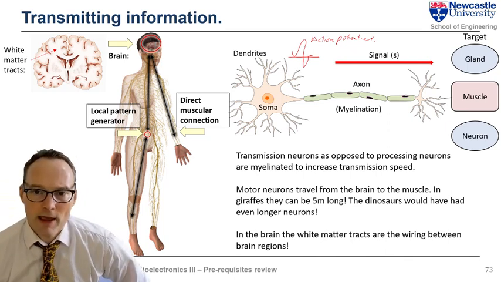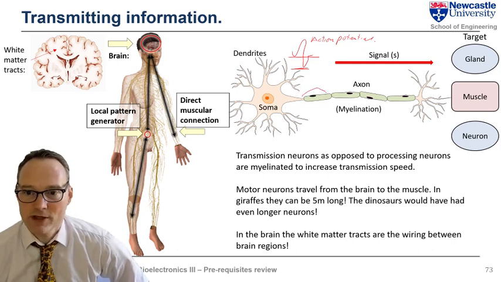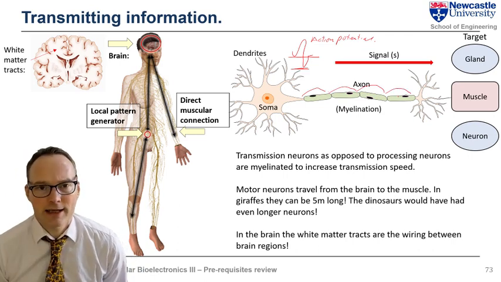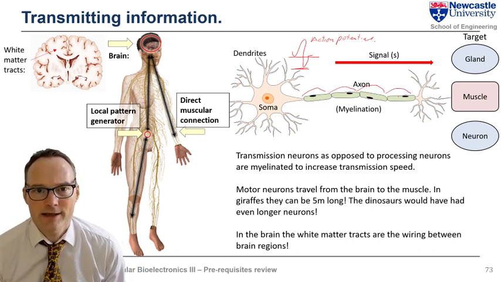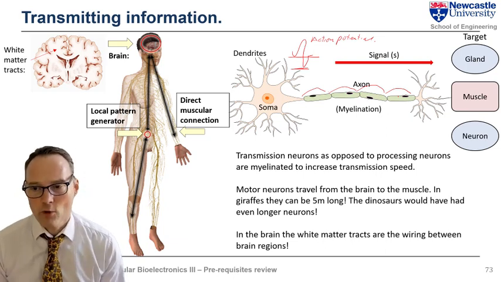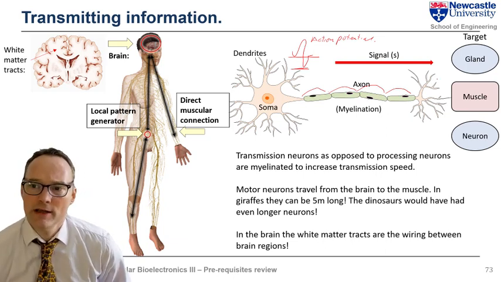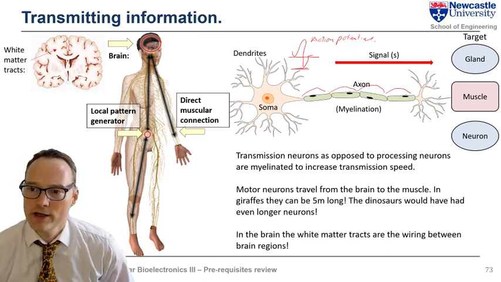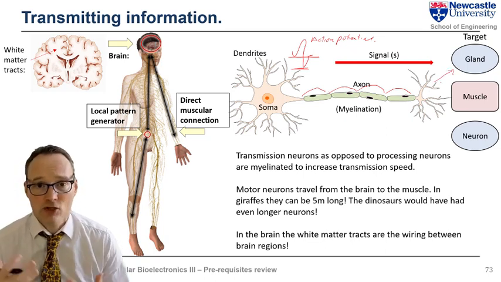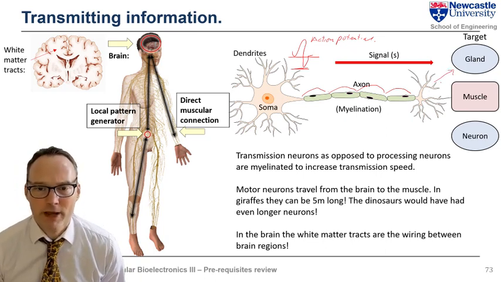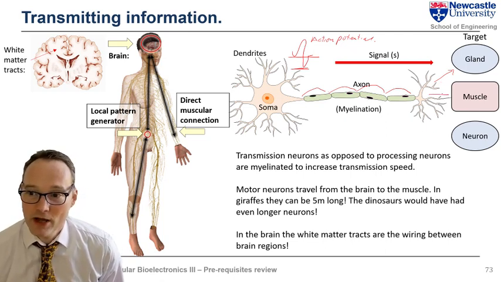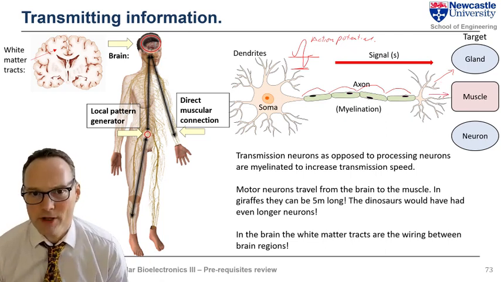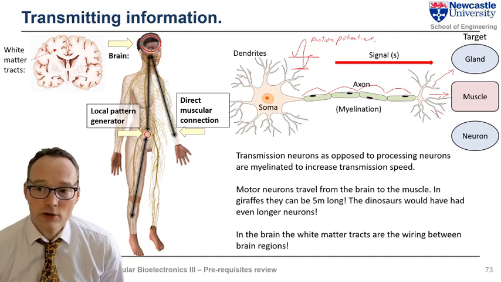So information is passed by the action potential, which, in these motor neurons, jumps past these myelinated cells until it gets to the end. But then, of course, once it gets to that end point, it has to connect with the target. That target may be the sweat gland that you saw in the previous picture. It may be a muscle, e.g. the leg muscle, or it could be another neuron.